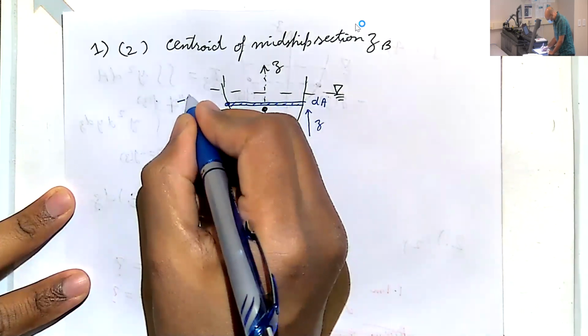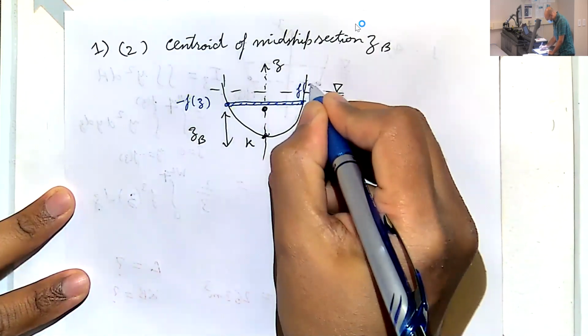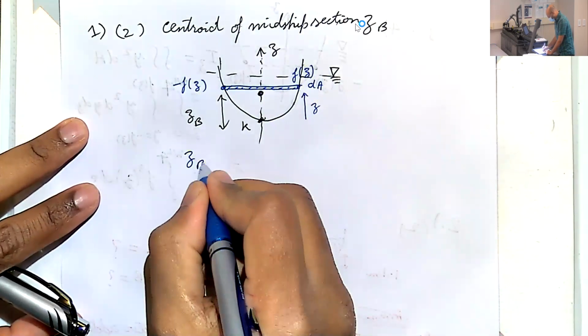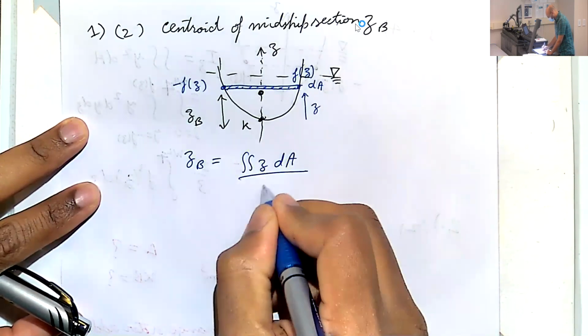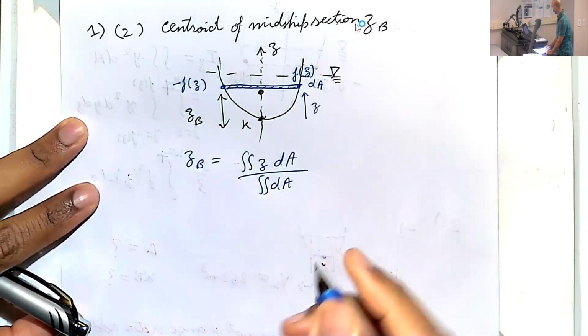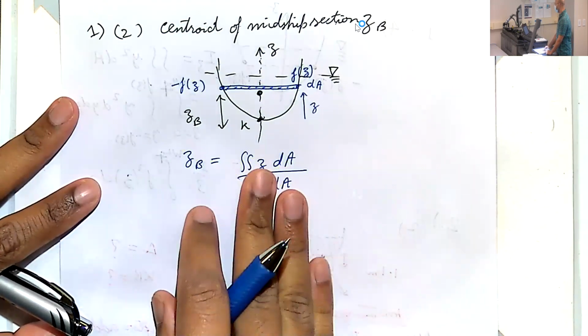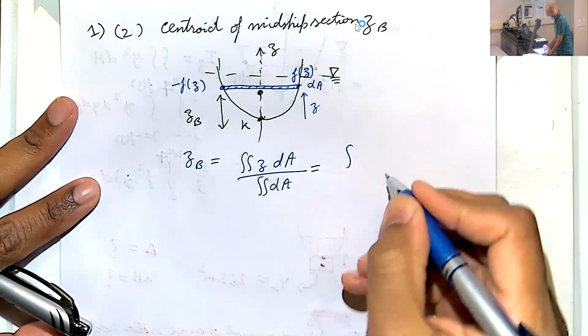This is negative f of z, this is positive f of z. And for the centroid, we have zb as double integral of z dA over double integral of dA. So no matter what the geometry looks like, we always start here, put in the limits, and we'll get the correct simplified version.